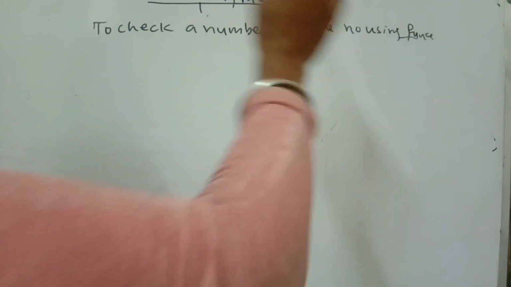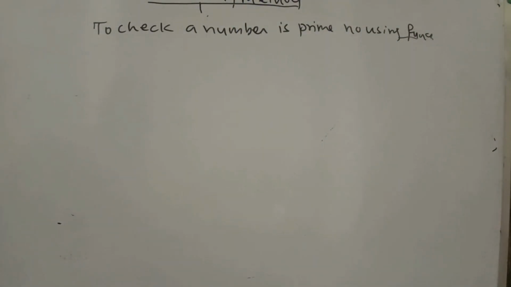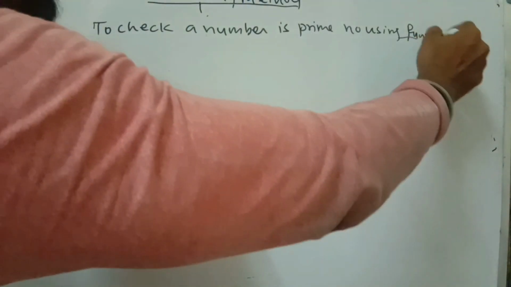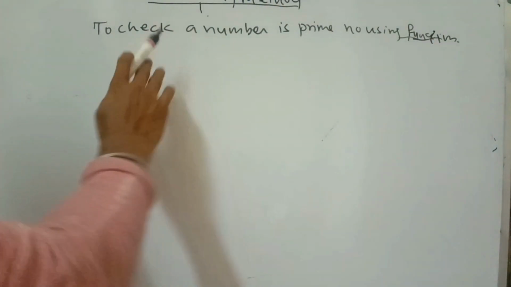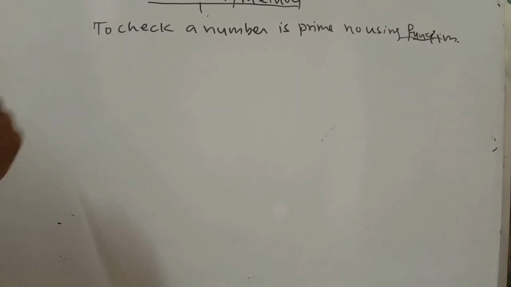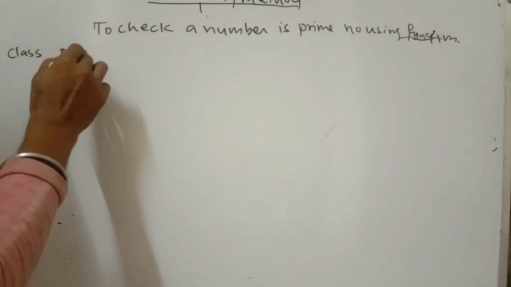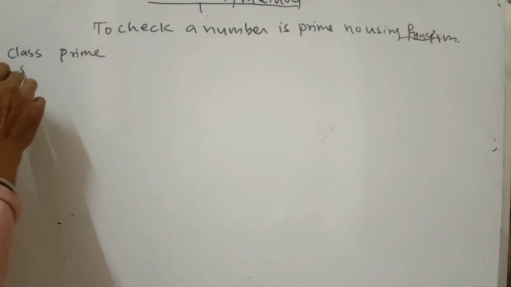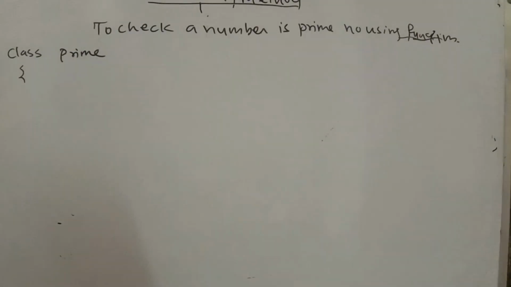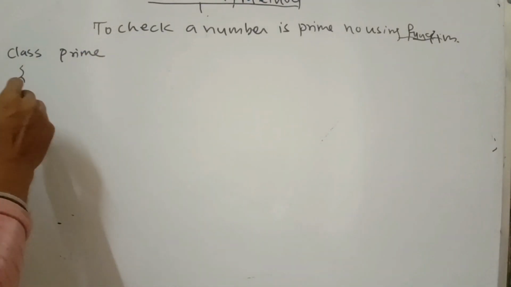We are using a function with a return type. So again we start. First you write the class name, which is Prime.